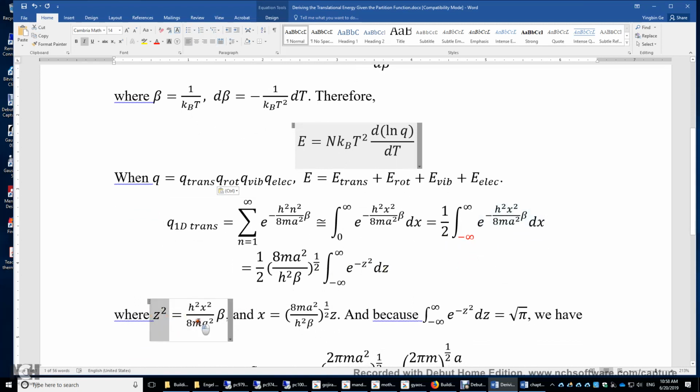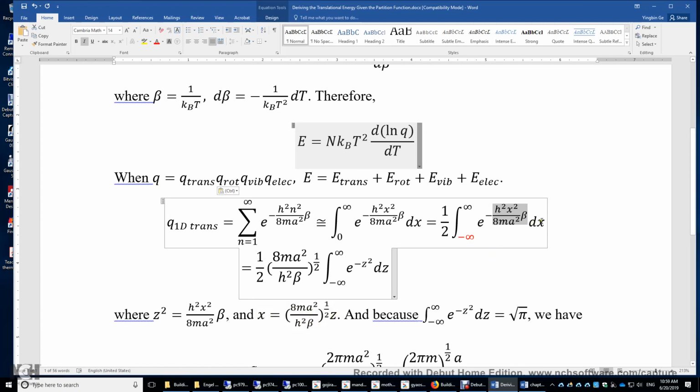Then what we need to do is to set z squared to be this whole thing in the Gaussian function. So z squared equals h squared x squared over 8 m a squared times beta. This is just to simplify the Gaussian function. If that's the case, then x is equal to the square root of 8 m a squared over h squared beta times z.